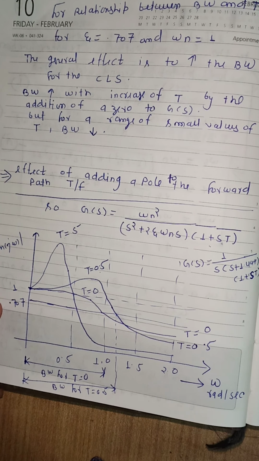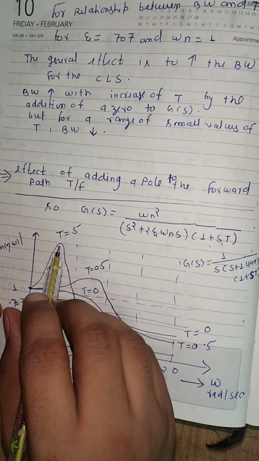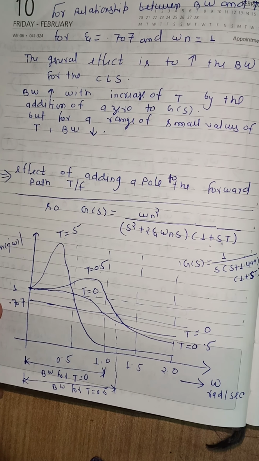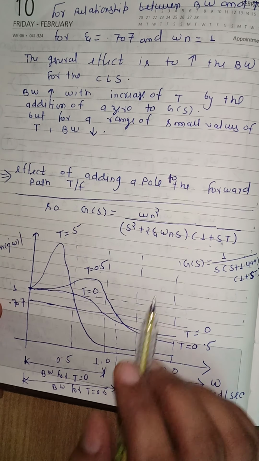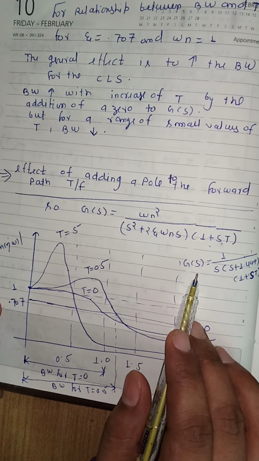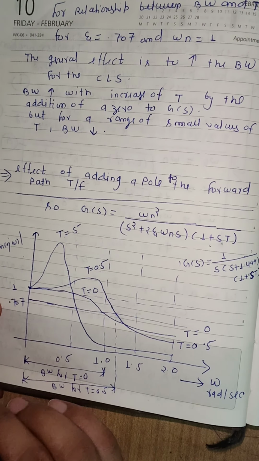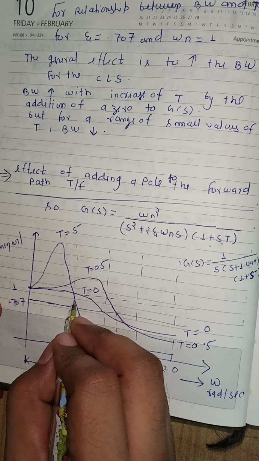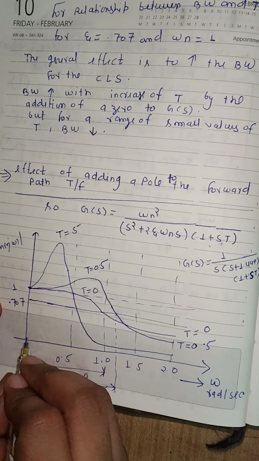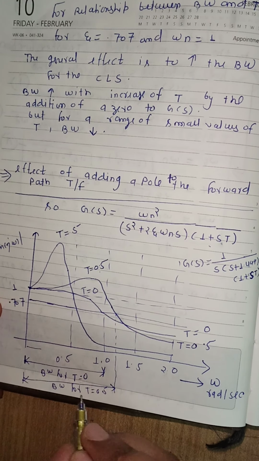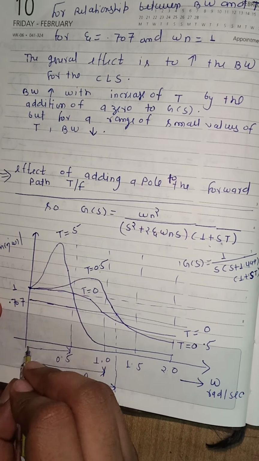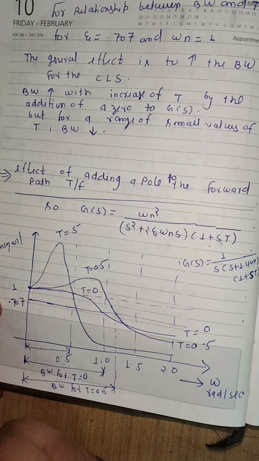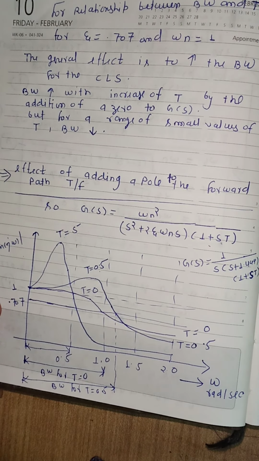But when we consider a large value of capital T, suppose T equal to 5, then what will happen? For a large value of capital T, the pole added to G(s) has the effect of decreasing the bandwidth, but increasing the resonant peak.